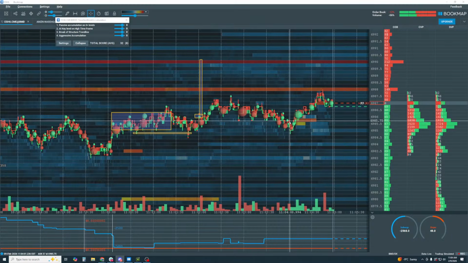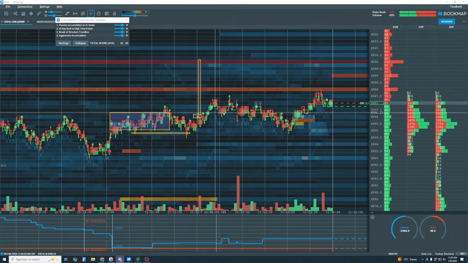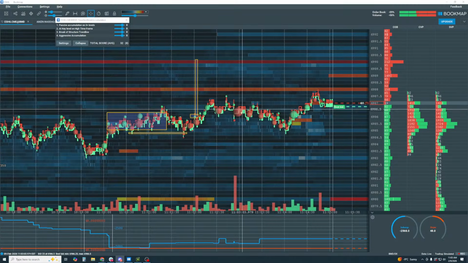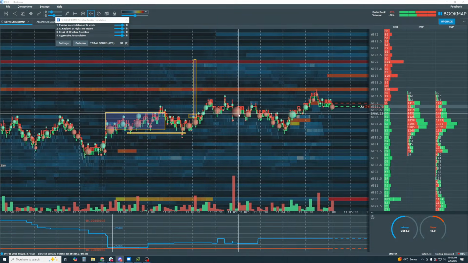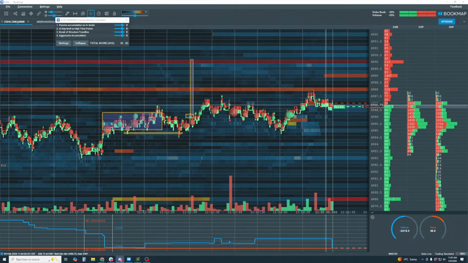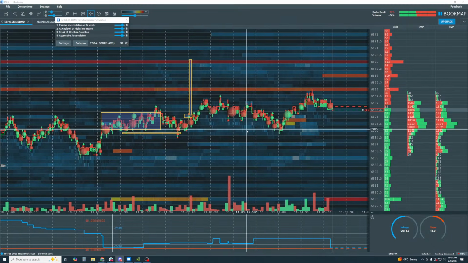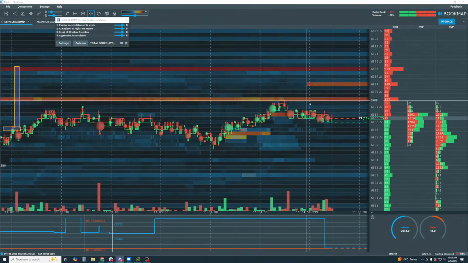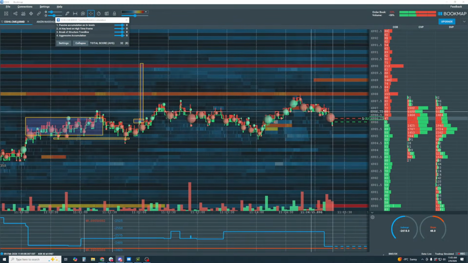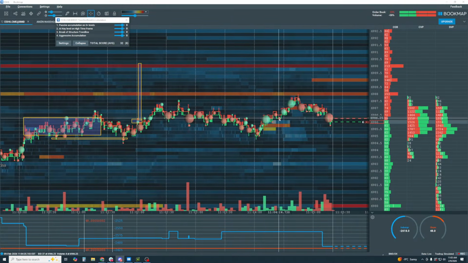And again, we're looking for all of these sellers in here to really be fidgeting, nervous, start to hit the buy button to cover. And I'm not seeing it. Again, this would have been a stop out at break even. It didn't work.